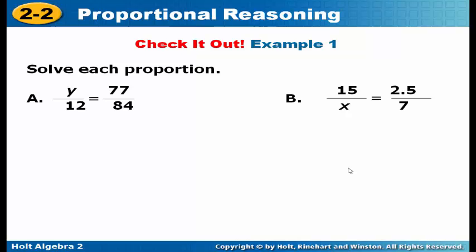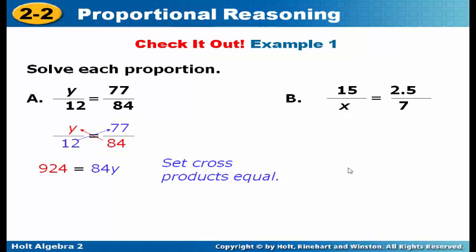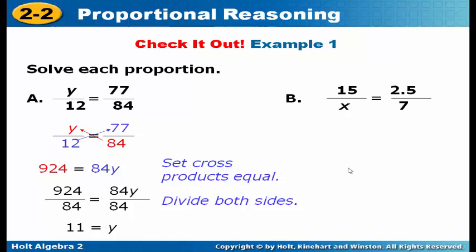Another example: solve each proportion by cross multiplication. Y times 84 equals 84y, and 12 times 77 equals 924. Now divide both sides by 84. So y equals 11. 15 over x equals 2.5 over 7.